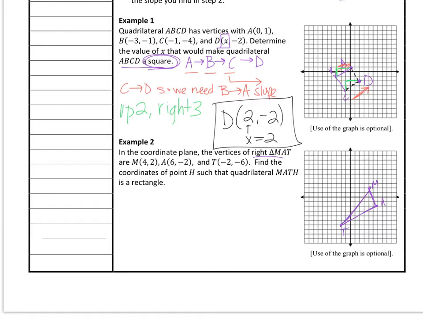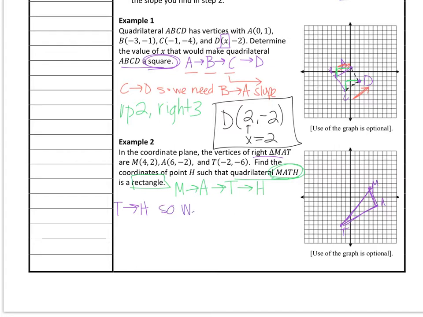So we do need to connect it to make it into the triangle, but don't forget, it's asking us to make quadrilateral MATH a rectangle. So we go M to A to T, and then T to H. We want to connect T towards H, because that's the next step. We have M, we have A, we have T, then we've got to get to H.